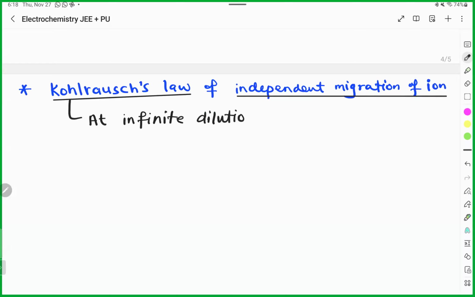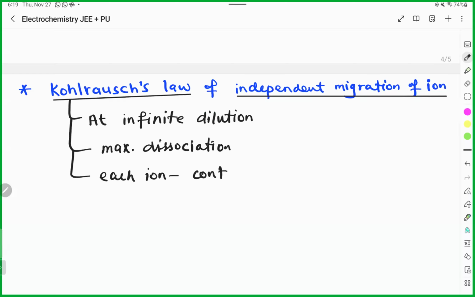When you do it at infinite dilution, there will be maximum conductivity, right? So at infinite dilution, there is already maximum dissociation of the ions, and no further dissociation occurs in this case. Then each ion will contribute toward the conductivity, whether cation or anion. And if each ion contributes to the conductivity, it does not depend upon the nature of the ion.